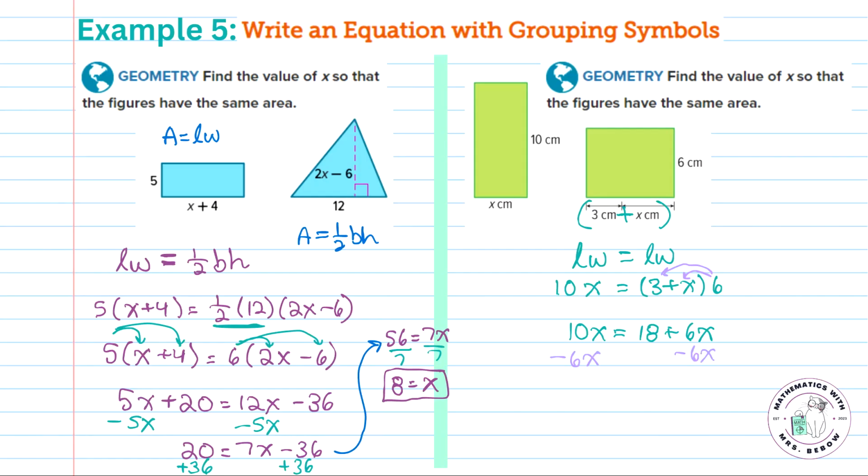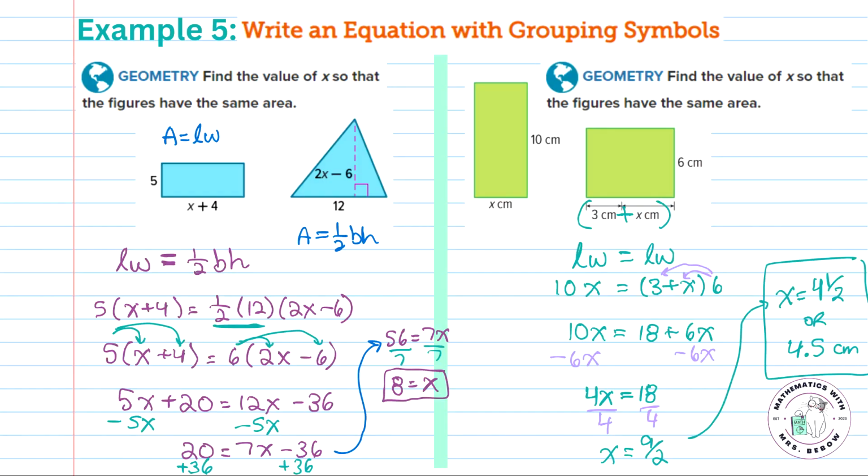We're going to have 4x equals 18. One more step to go. We're going to divide both sides by 4. We get x equals 9 halves, which means x is going to equal 4.5, and if we want, we can add that label of centimeters in this case.